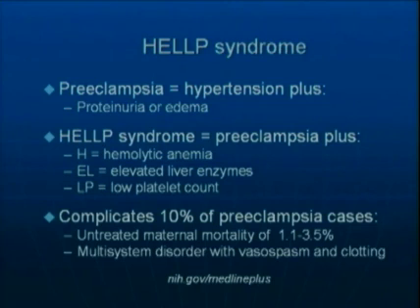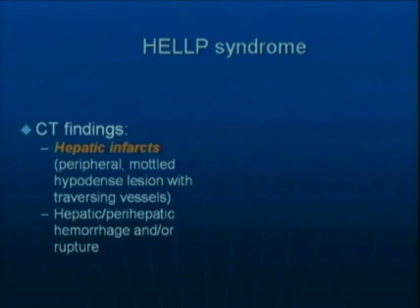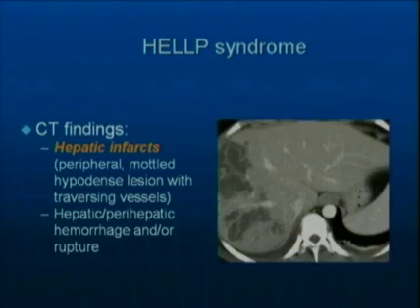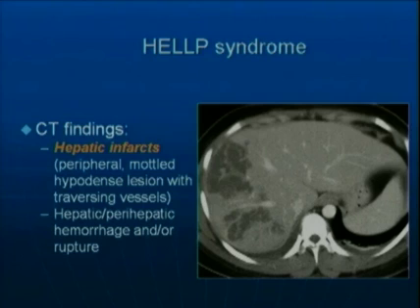However, there's the HELLP syndrome, which is hemolytic anemia, elevated liver enzymes, and low platelet count, in which you can also have problems in the liver. And in these, it's more of a hepatic infarction rather than any sort of laceration. So you get an unusual pattern. It's really a hypoperfusion area. You get peripheral nodular hypointense lesions throughout the liver. Eventually you can get hemorrhage and/or hepatic laceration or rupture.